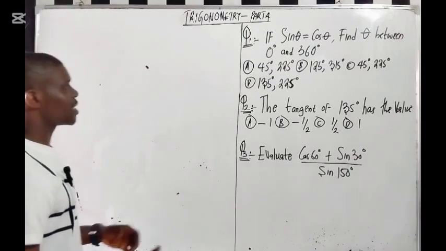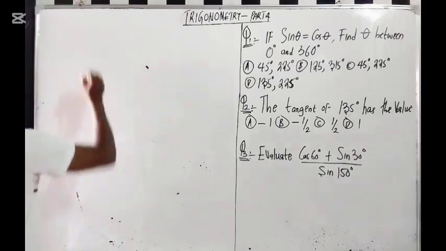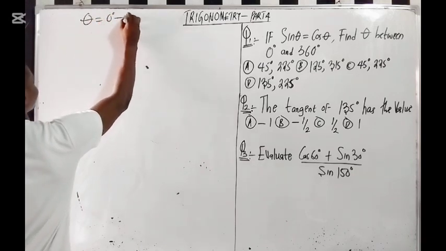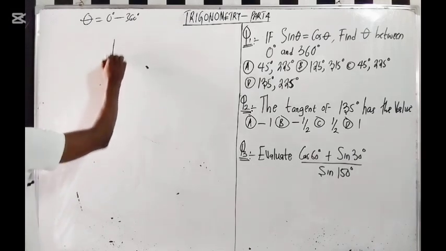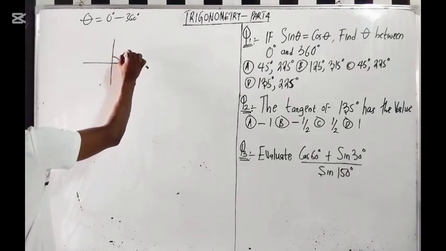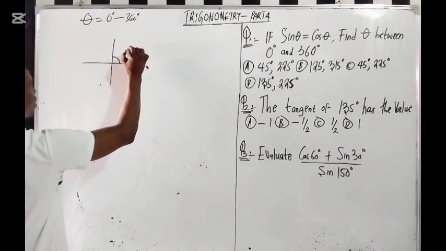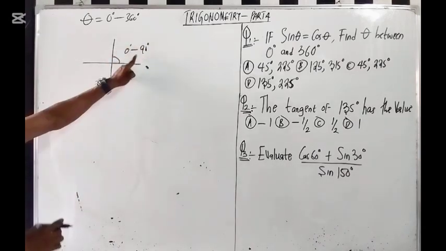So now let's throw a little bit of light on the 4 quadrants. We're talking about theta equals 0 degrees to 360 degrees. The first quadrant is the angle from 0 to 90 degrees.